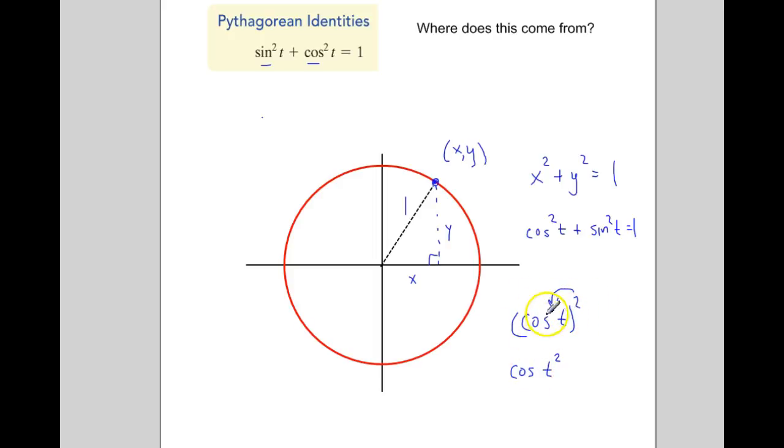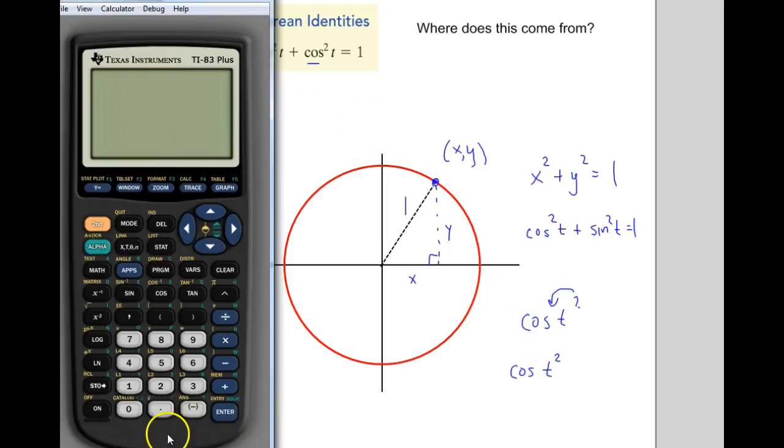Okay, so to avoid that confusion, if I didn't have this outer set of parentheses in this expression, it would be very confusing as to what I meant. Am I squaring t or am I squaring cosine of t? And you do get two completely different things, just so you can see it.